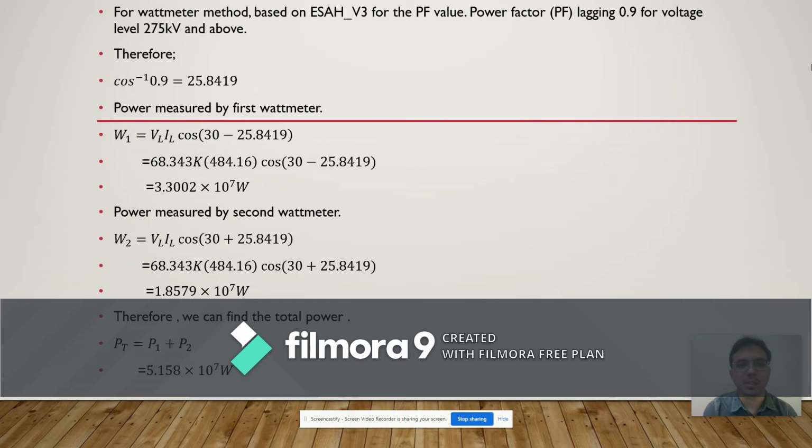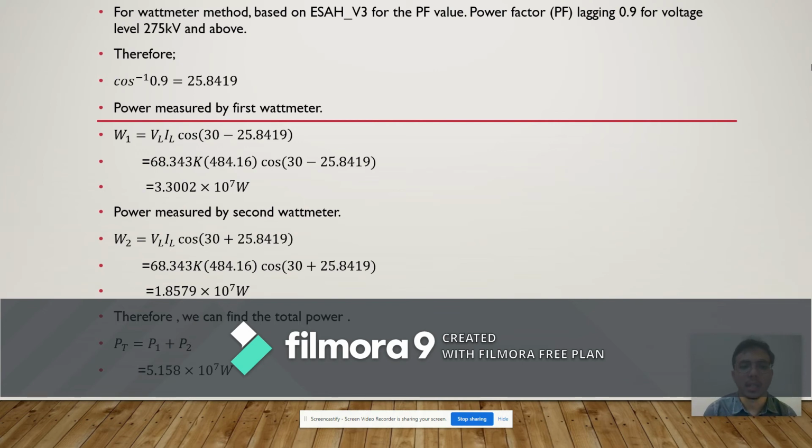Next, we want to calculate the power factor. We're going to calculate for the power measured by first wattmeter. For the first wattmeter, the value already shown is 3.3002 times 10 power of 7 watt, and for the power measured by second wattmeter, the final value I get is 1.8579 times 10 power of 7 watt.